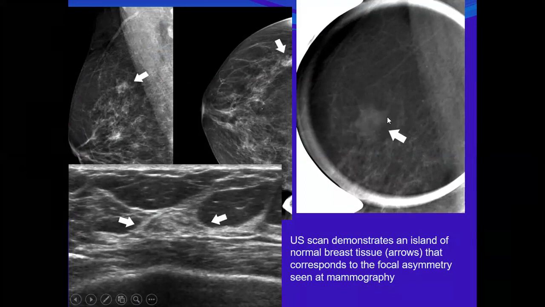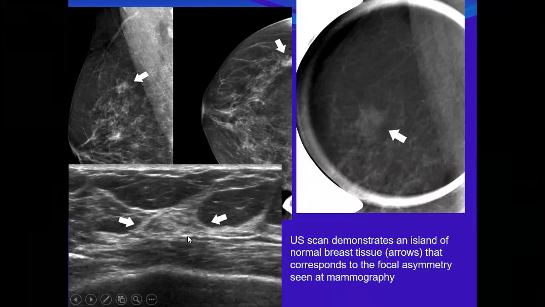It is not superimposition, summation artifact, or superimposition of fibroglandular tissue, but it is seen in spot magnification and seen on ultrasound not as a mass, just as a focal area of breast tissue, an island of normal tissue.